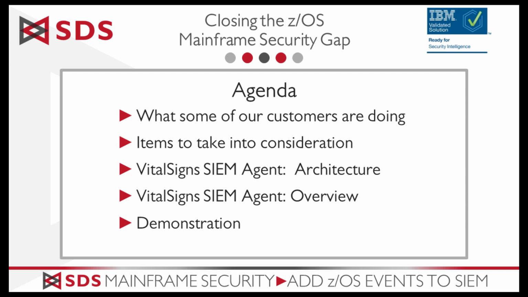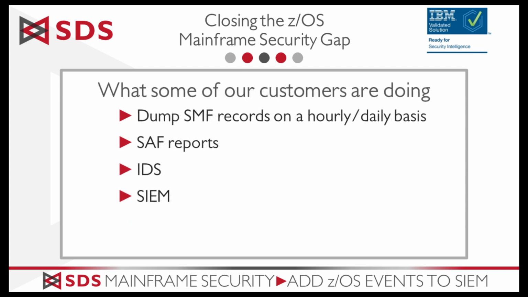And this is what we've learned from some of our discussions with customers. Actually, I was recently on site at a customer, and their approach was to dump the SMF records on an hourly basis. They would then take that information and send it off to their SIEM. I've seen it on some occasions where customers go for sending it only once a day.